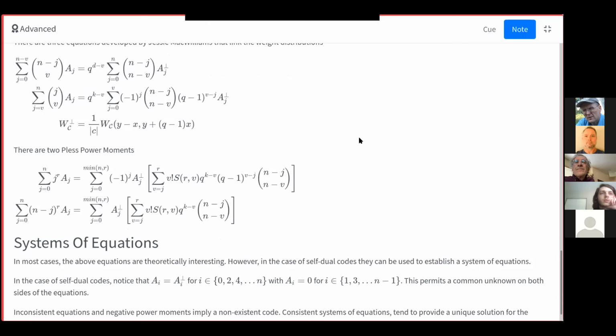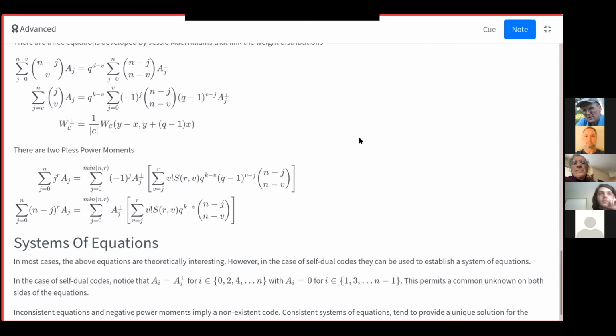Then Vera Pless came around and she came up with the Pless power moments. As you can see, the left-hand side only contains information about the code. The right-hand side has the perp there, which means the orthogonal complement. Now, the reason the Pless power moments are handy is you can actually determine the existence of a code if you keep working those equations, iterating over j's.